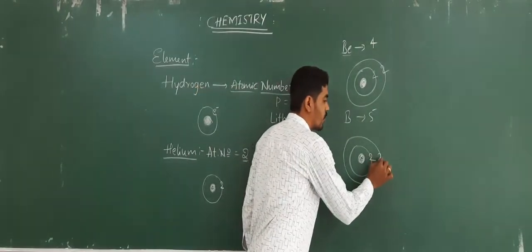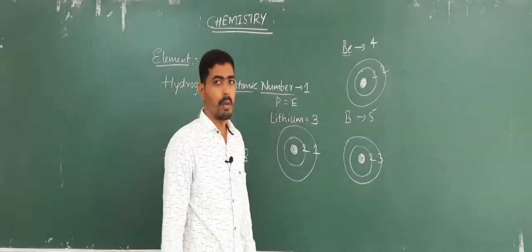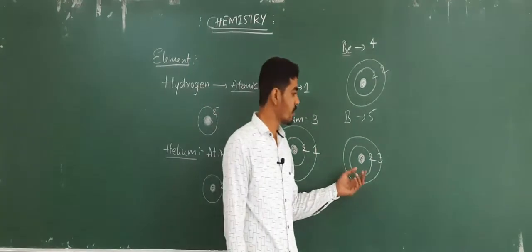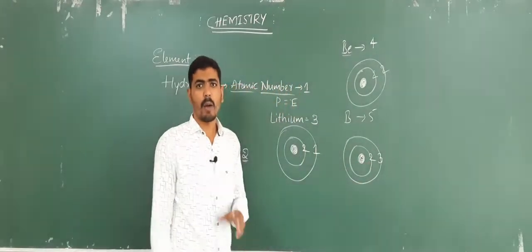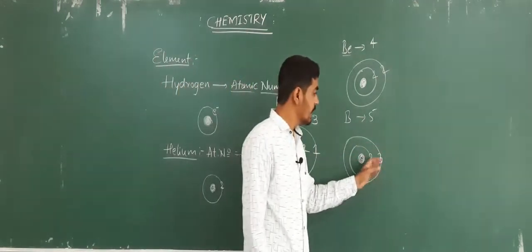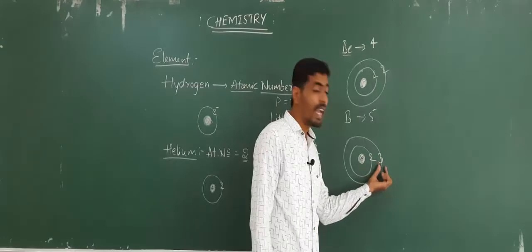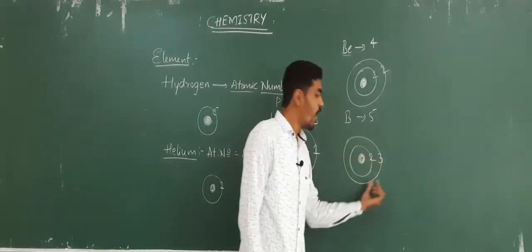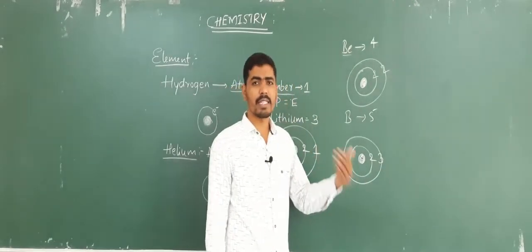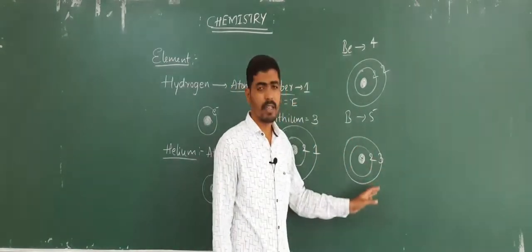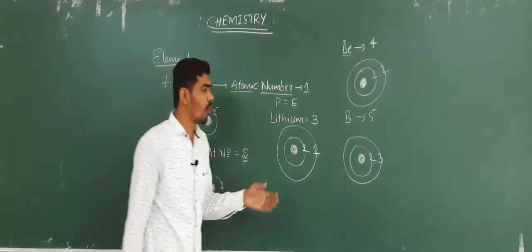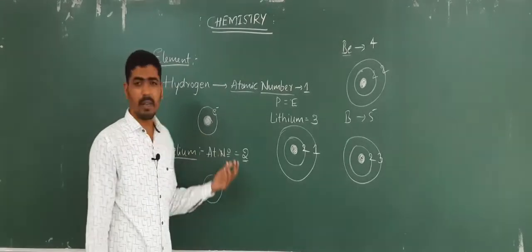Here the number will be 3, because the second shell has a maximum capacity of up to 8 electrons, so we can fill up to 8 electrons in this outermost shell. Just now it is 3, then 4, 5, 6, 7, 8, up to that we can write. Similarly we can write the structure for all kinds of elements.